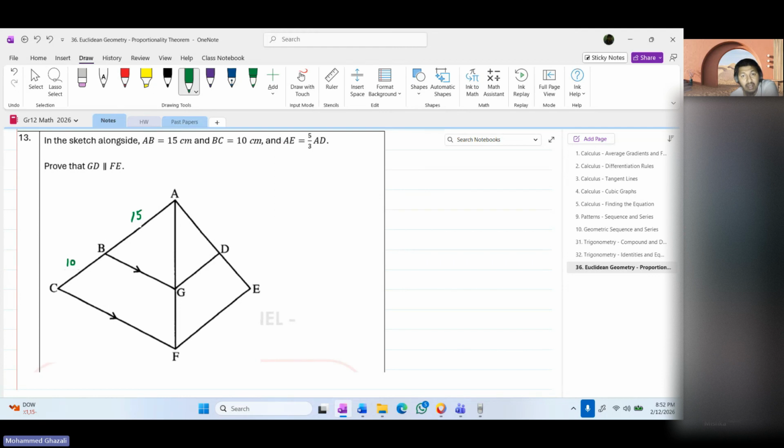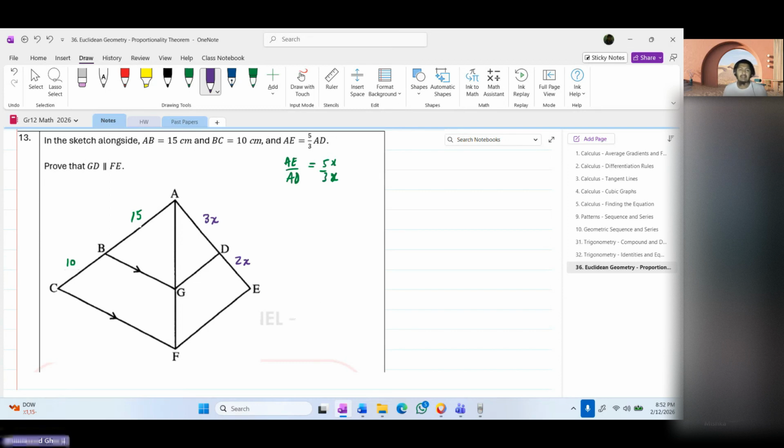AE is 5 over 3 AD. So AE over AD is equal to 5 over 3, so 5x is to 3x. AE is 5x and AD is 3x. So then obviously this will be 2x.